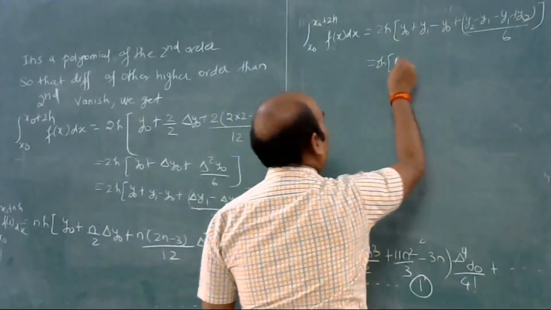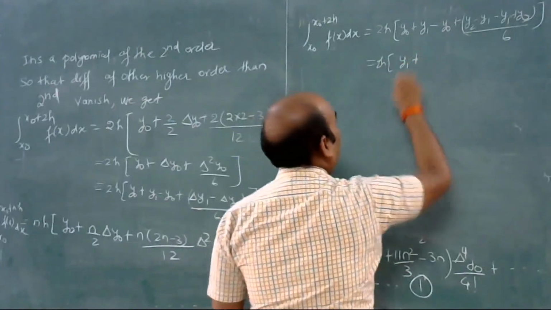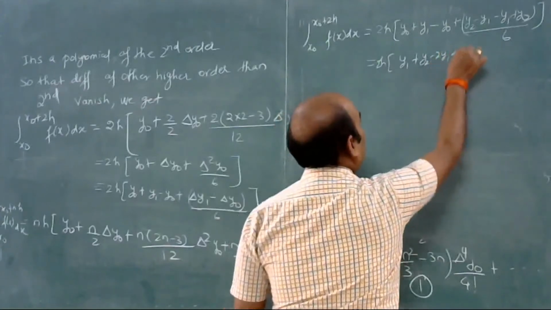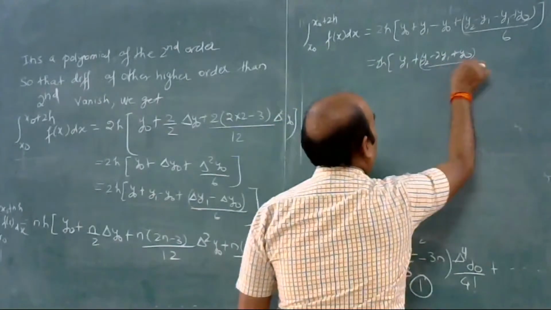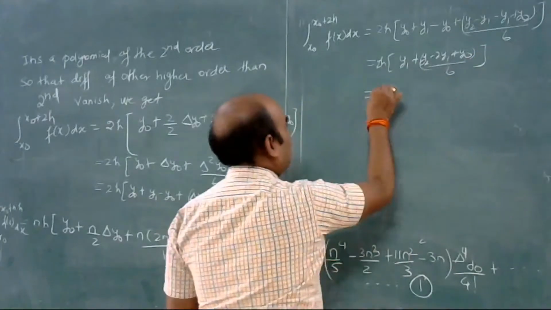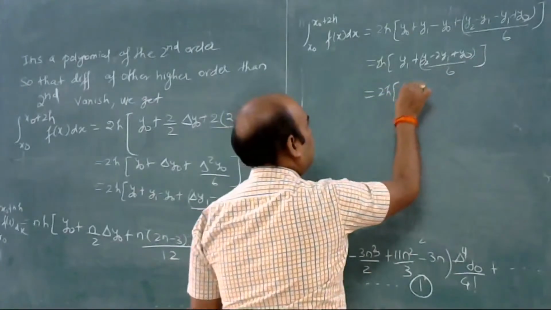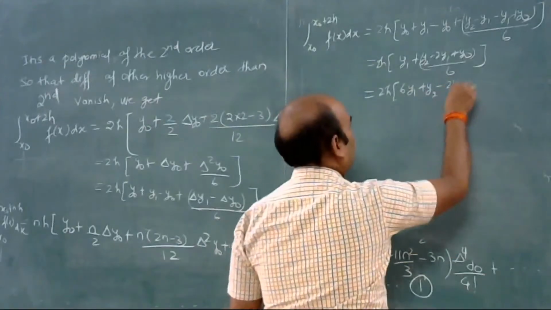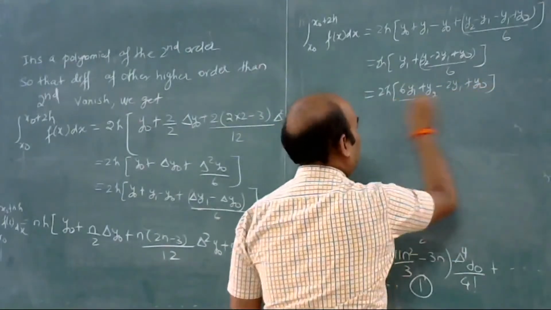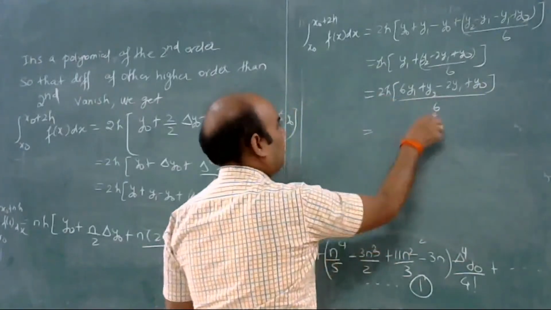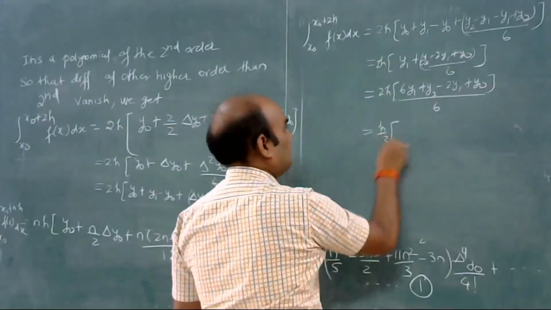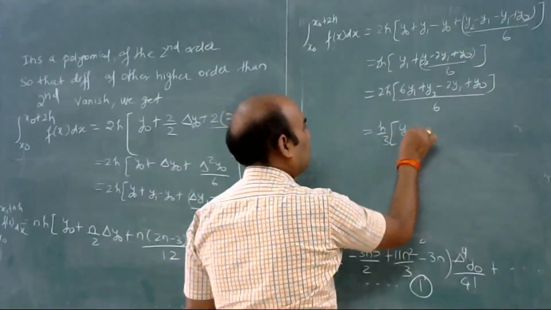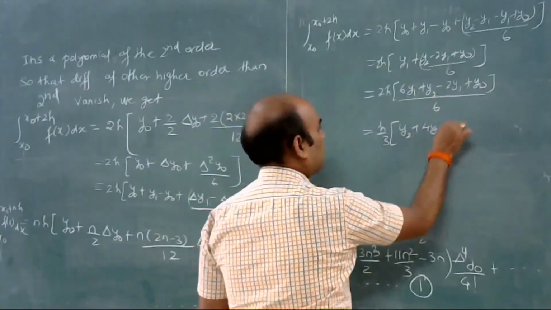So y0 cancels out: y1 plus (y2 minus 2y1 plus y0) divided by 6. So this will be h upon 3. So 6 minus 2 will be 4. So y2 plus 4y1 plus y0.